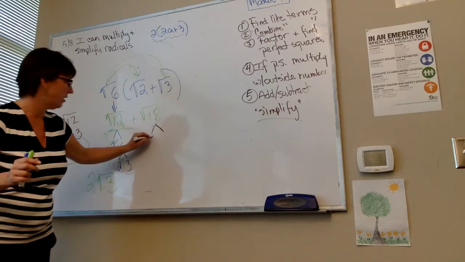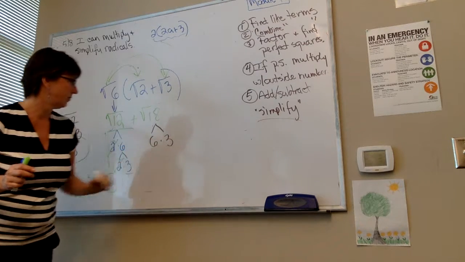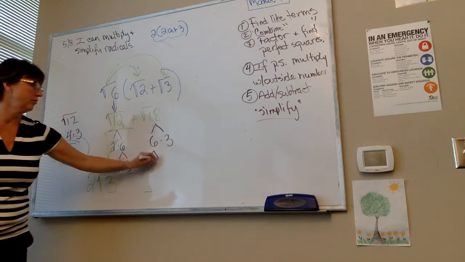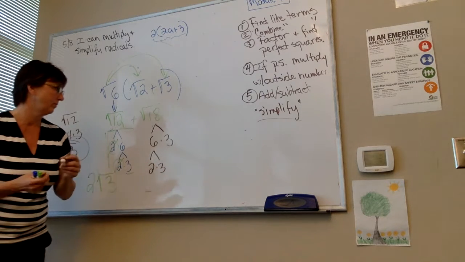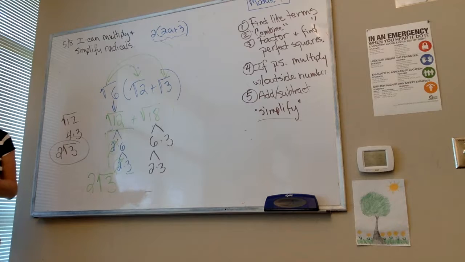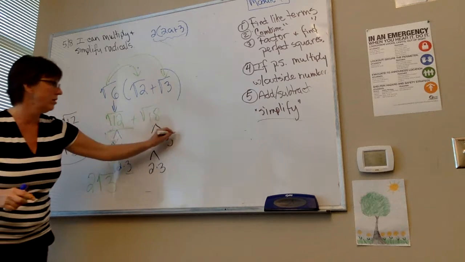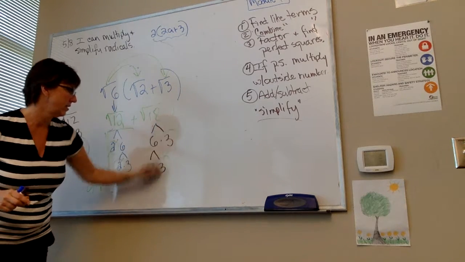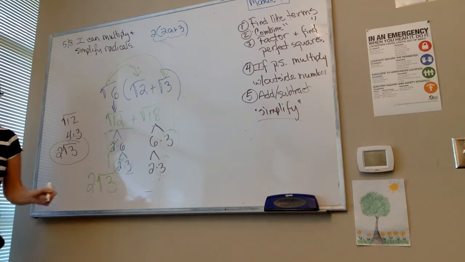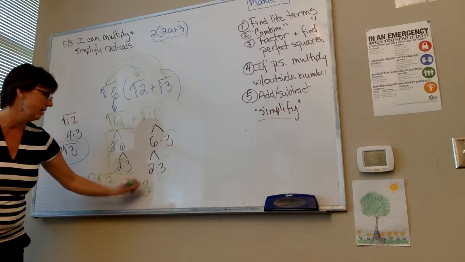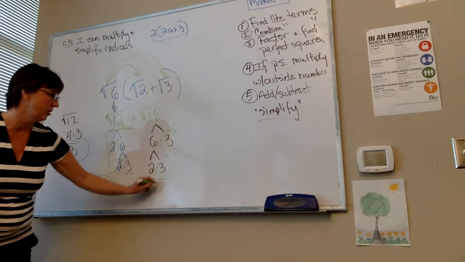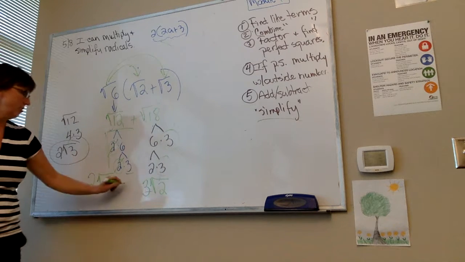6 and 3. We know that factors of 6 are 2 and 3. We have 2 3s. They make a perfect square. So we can pull out the 3 on the outside of the radical, leave the 2 there.